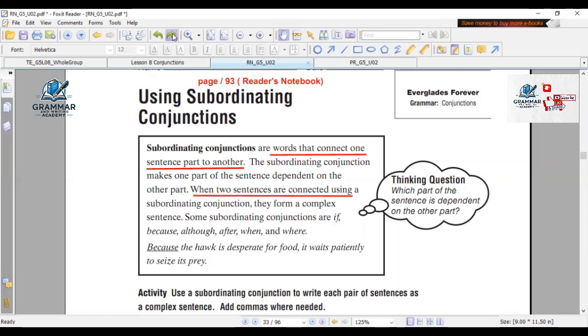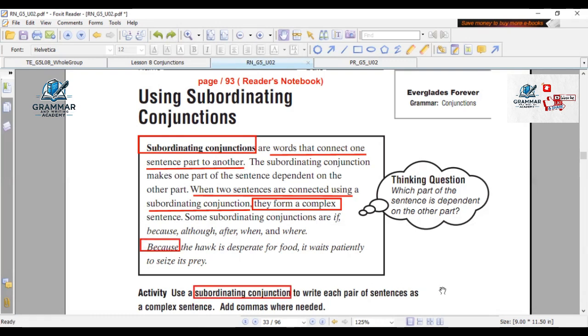When two sentences are connected using a subordinating conjunction, they form a complex sentence. Some subordinating conjunctions are if, because, although, after, when, and where. Because the hawk is desperate for food, it waits patiently to seize its prey. Thank you so much here, Ian.